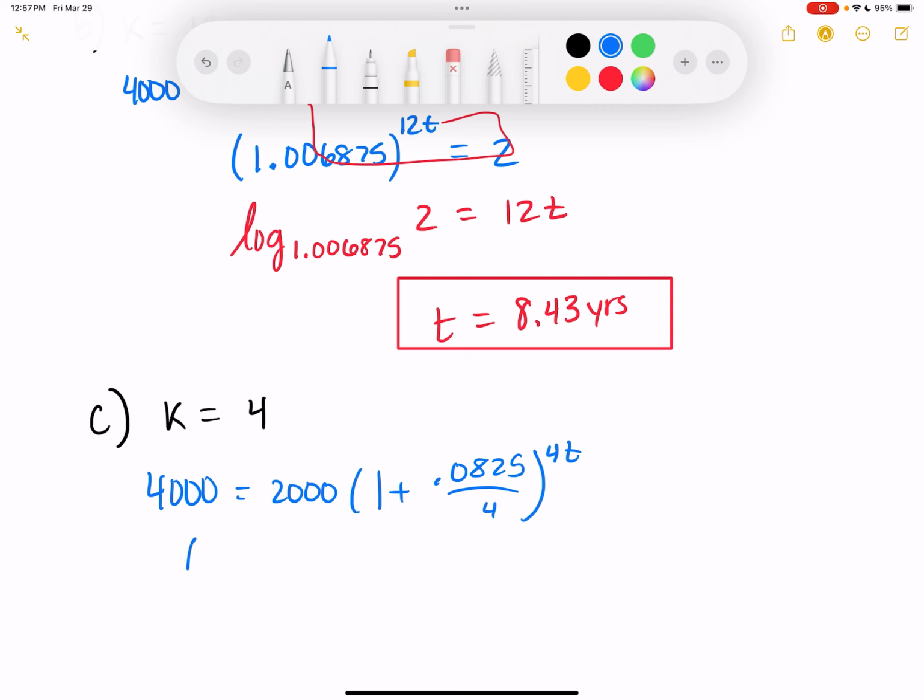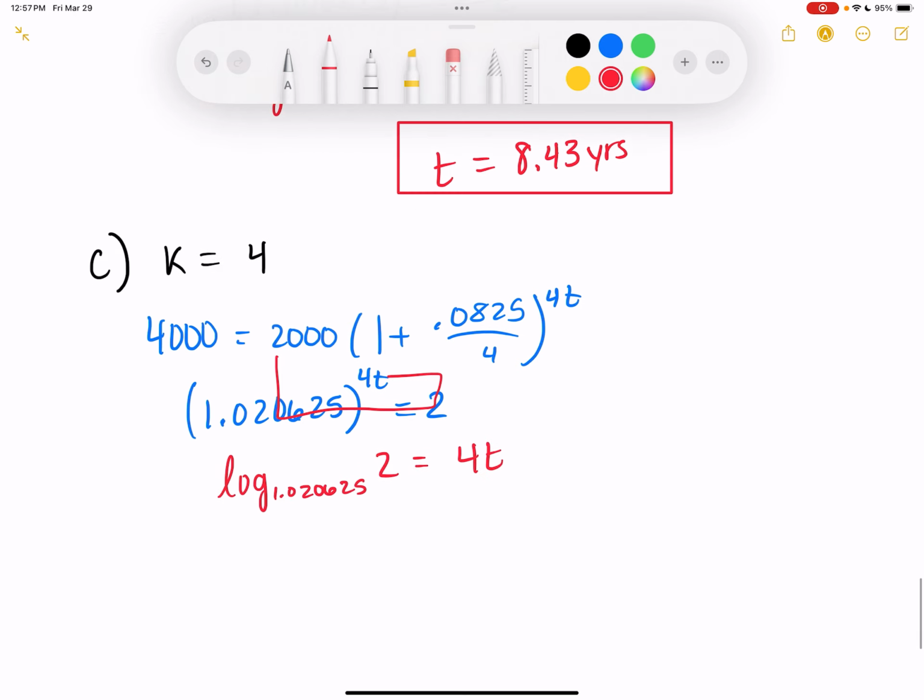So this is going to be 1.020625 raised to the 4t is equal to 2. So then log base that whole number of 2 is equal to 4t, and then just divide that number by 4.